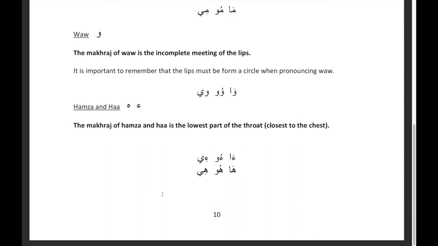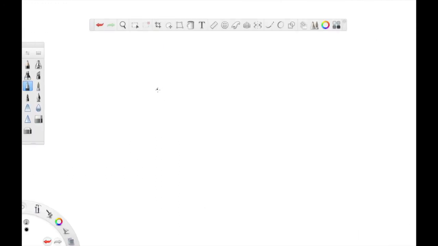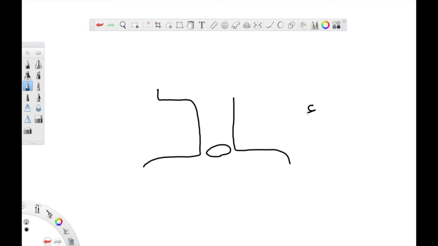Next is Hamza and Ha. The makhraj of Hamza and Ha is the lowest part of the throat closest to the chest. So we haven't done the lowest part yet. The lowest part closest to the chest is this part right here, where your throat meets your chest. And we said there were two letters from here, Hamza and Ha.